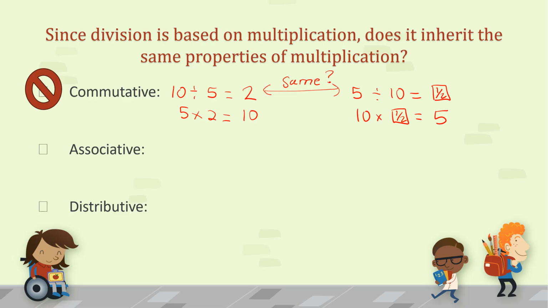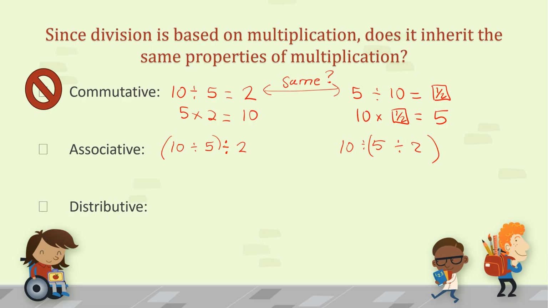Now, if you cannot commute, do you think you can associate? Meaning, if you have two division signs, can you group them this way and that way? Are those the same? My division sign looks funny. There you go.